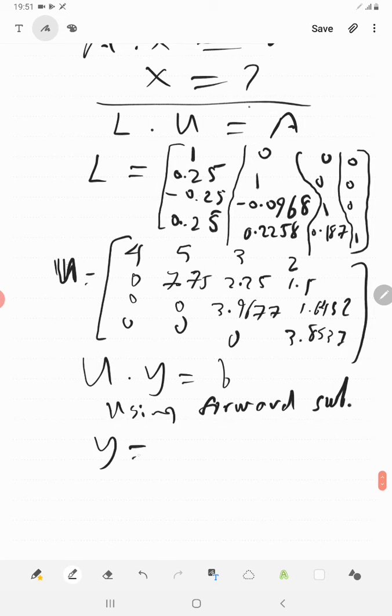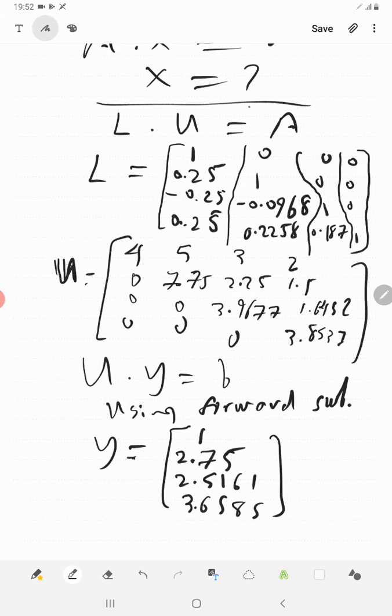Y tends to be 1, 2.75, 2.5161, and 3.6585.